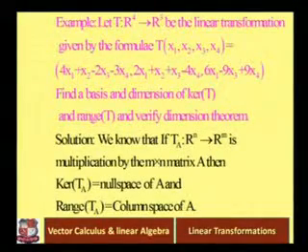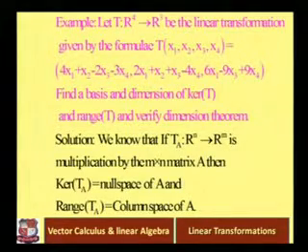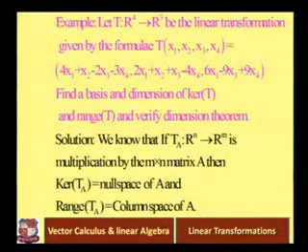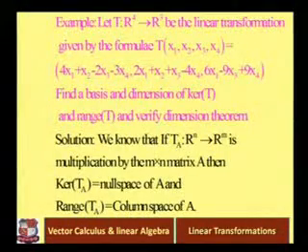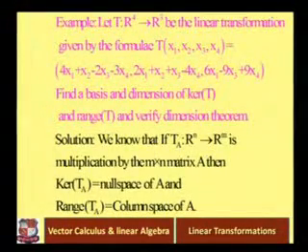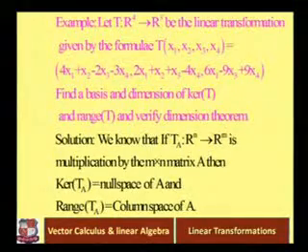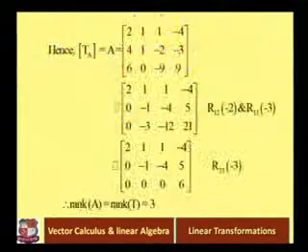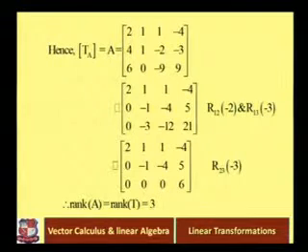After that we see some examples. To solve this example, we have to find the basis and dimension of kernel of T and range of T, and then verify the dimension theorem, right? To find a basis for kernel of T, we find the null space of the standard matrix.